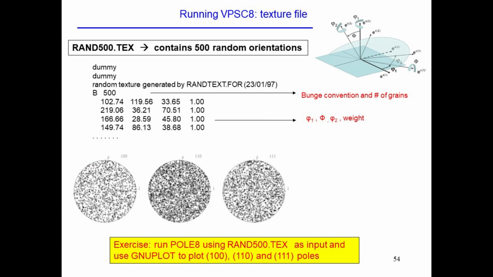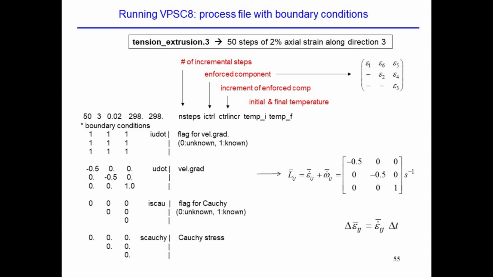Then we're going to be running this texture. I also suggested that you use POLE8 to plot this texture, just to make sure that you can get that result and you get more familiar with POLE8. The process is, as I said, an extrusion process.